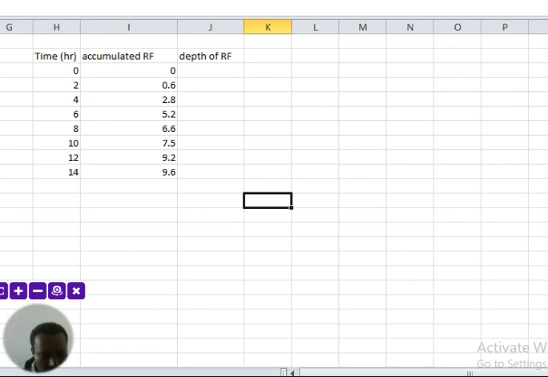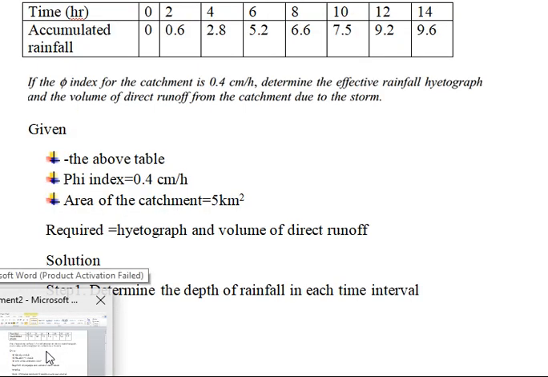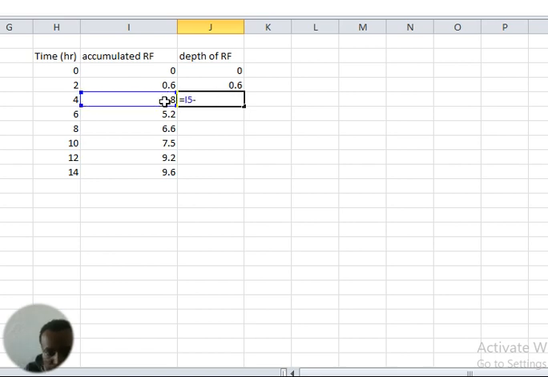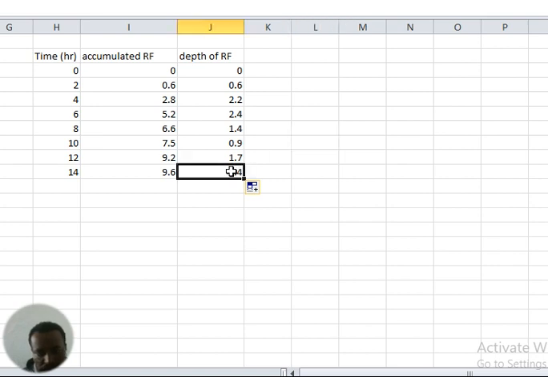After determining this depth, it is equal to this value minus this value, which is a negative value, so it is already 0, no rainfall, so it is already the first one. This value equals this value minus this value, so drag it. Yes, it's good.